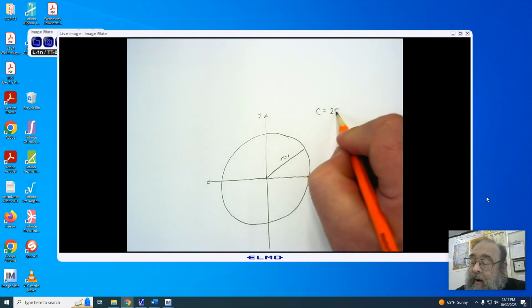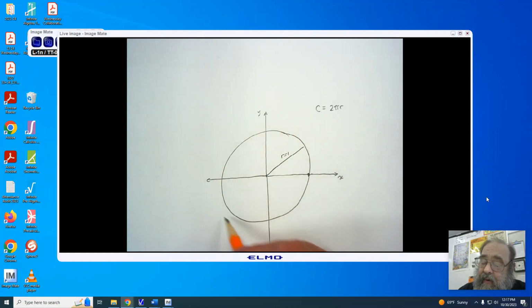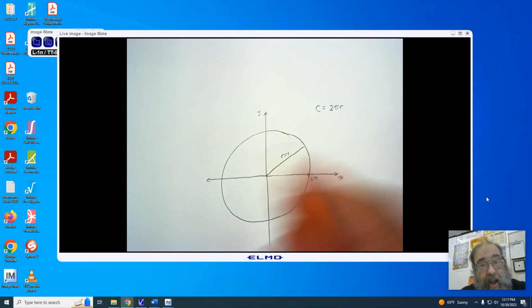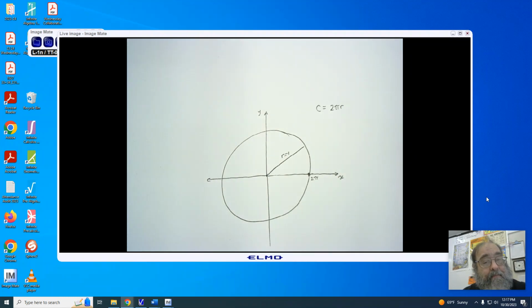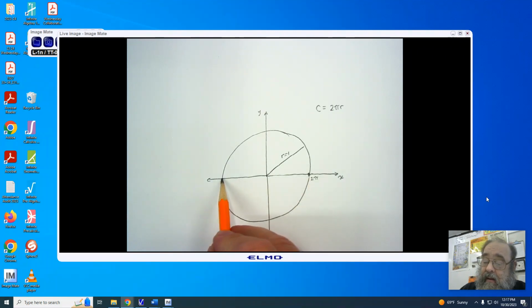If my radius is a length of 1, then the entire circumference has a length of 2 pi. The circumference, arc length of 2 pi. Now, if I go halfway, I have pi times r.